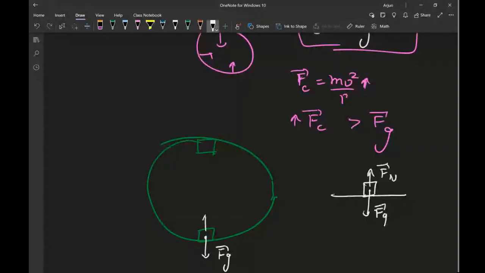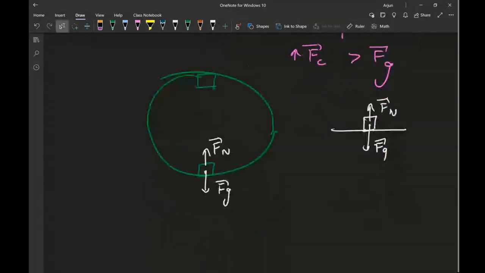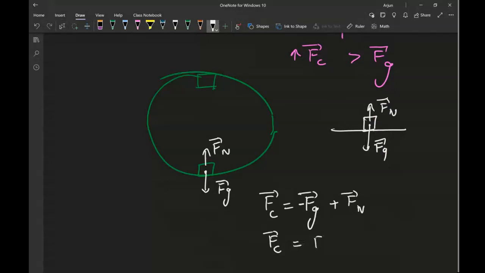So normal force is acting in the upward direction. Upward we consider as positive, downward we consider as negative. I wanted to write down the final equation. Fc value will be equal to Fg plus Fn, and Fg is a negative force, so the equation I will write is Fc equal to Fn minus Fg. So that's the equation I come across.